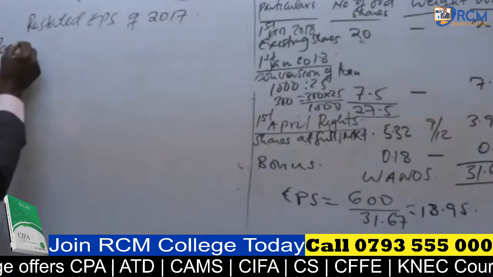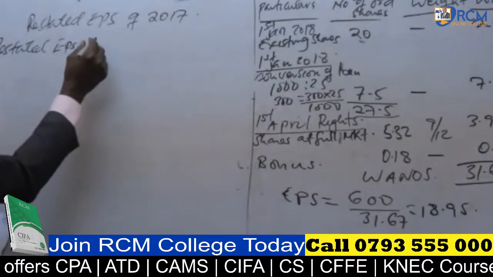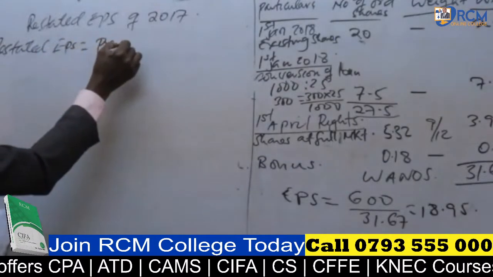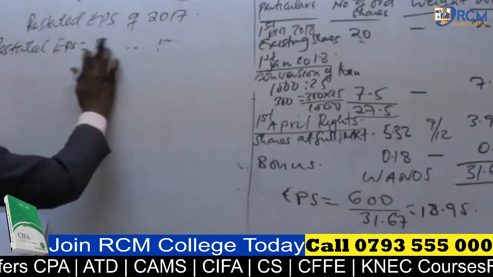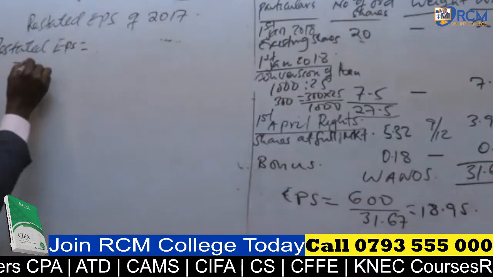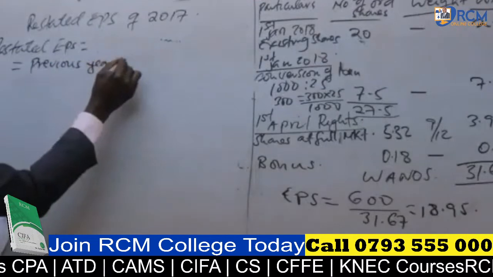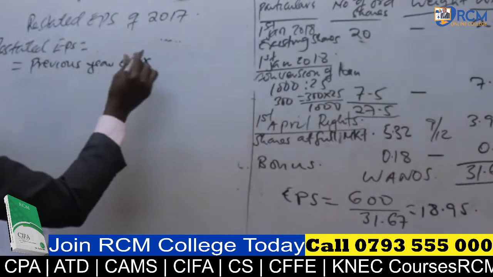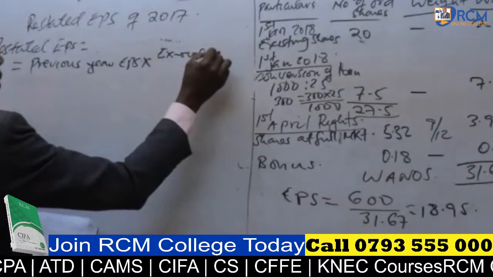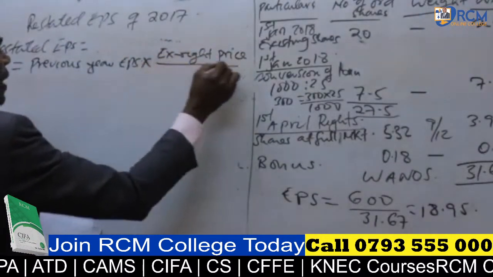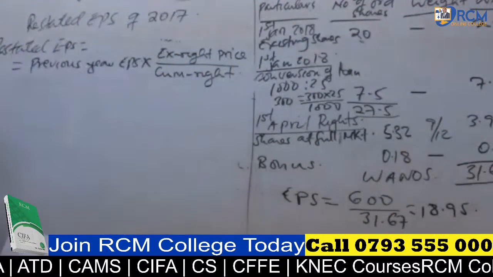Restated EPS equals the previous year EPS times the ex-right price divided by the cum-right price.